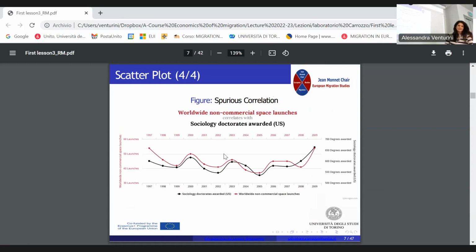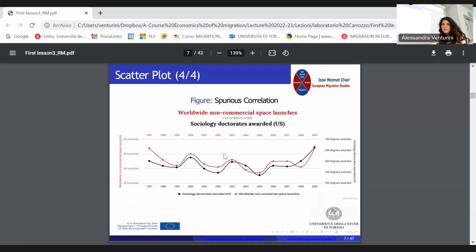They are not correlated, but it's very important to understand that here it is so clear that there is no relationship between the two. But many times you have variables which seem connected, and you have to be very clear to see if there is a correlation, a relation between two variables, if the two variables move in the same way.